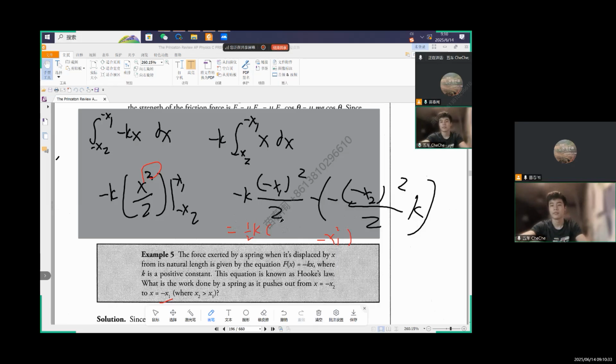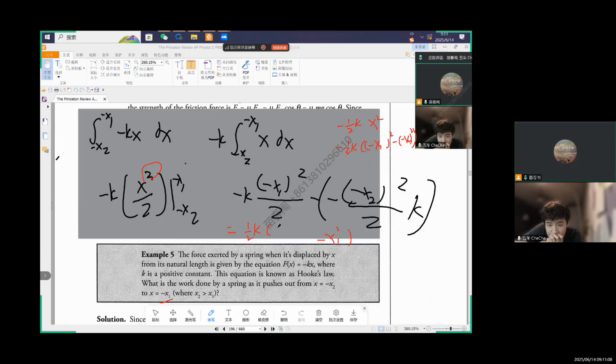If you substitute, eventually it's basically 1 over 2k times x squared, right? I take negative 1 over 2k out, so it's negative x1 squared minus negative x2 squared, right? Just taking out the 1/2. I think the sign here is not right, so that's why I'm writing this again.